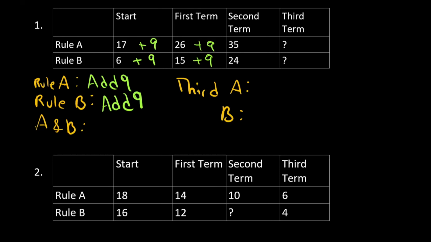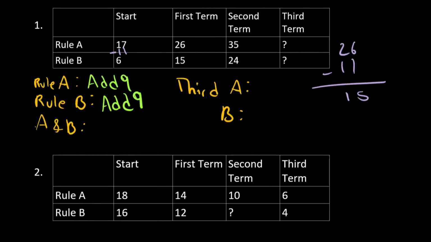Now let's find the answer for A and B. So 17 and 6, 26 and 15, 35 and 24. 17 minus 6 is 11, so maybe minus 11 is our rule. Let's see if that is true. 26 minus 11. 6 minus 1 is 5. 2 minus 1 is 1.